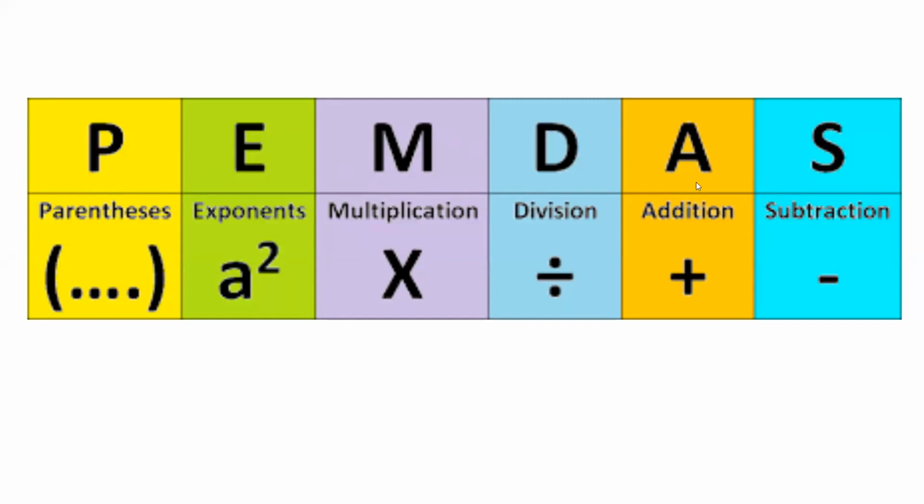And then addition and subtraction are also tied, and we will do those from left to right. That means whatever comes first, whether it's addition or subtraction, as we look at the problem from left to right, will be done first. Another way to remember PEMDAS is please excuse my dear Aunt Sally, if that helps.